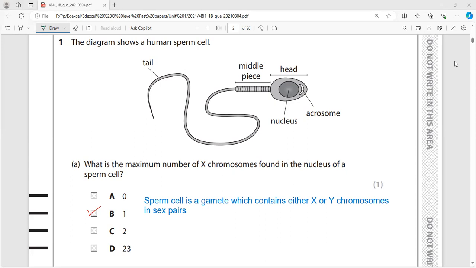That is the sex chromosomes, which are either X and Y. The sperm cell contains one chromosome from the sex pair, either X or Y. So what is the maximum number of X chromosomes? It can be 0, that is the minimum number, and it can be 1, that is the maximum number here. So B is our correct answer for this question.